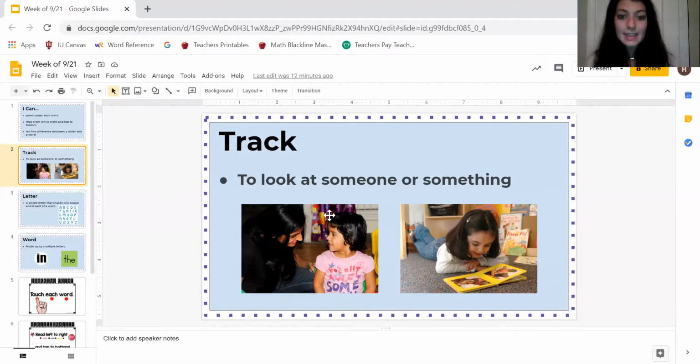Like in this first picture, this little girl is tracking her teacher. She's looking at her teacher. In this picture, this little girl is tracking the story, or she's looking at the story. So when you track something, you are looking at something. Awesome. Let's move on to our next word.